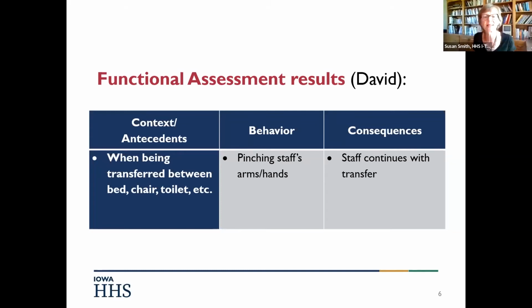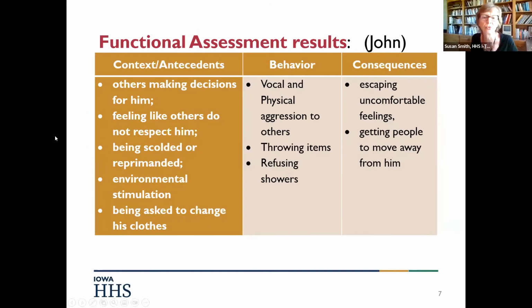So let's go to the next slide now and look at the next person, who we're going to refer to as John. John's situation was completely different. He also was living in a congregate setting. His behaviors were vocal and physical aggression. He had language developed, so he could call people names and swear up a storm. He could throw items, and he often refused showers.